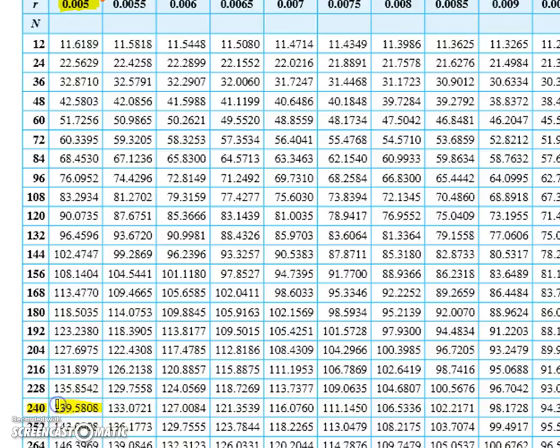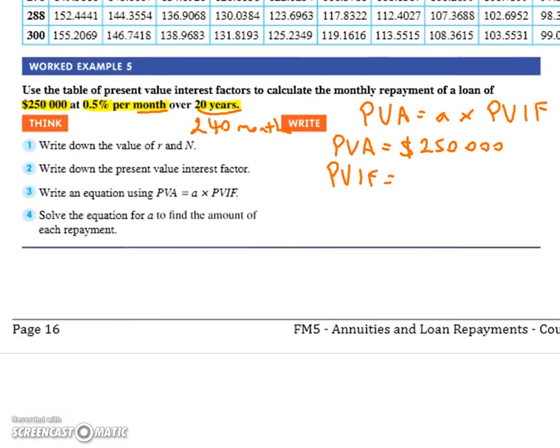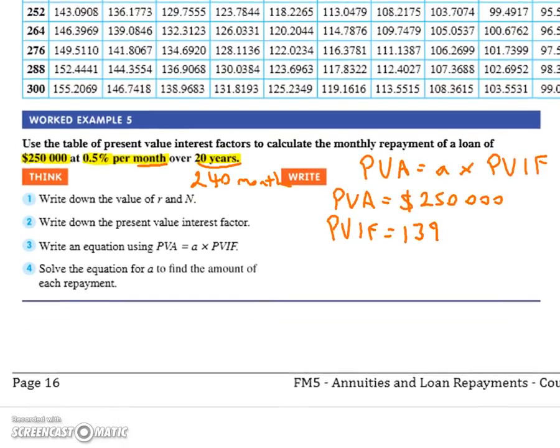So that's our number, that's our PVIF, 139.5808. Told you my brain didn't work. Now I'll zoom up, 139.5808. All right, so now we're going to substitute that in.